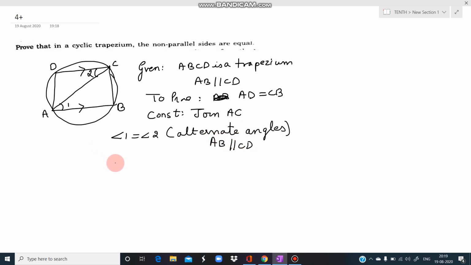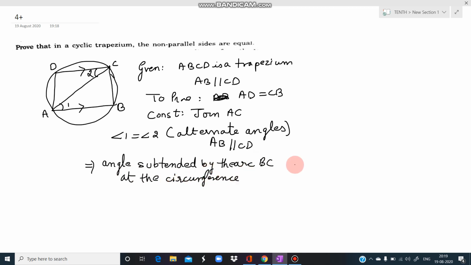So angle 1, angle 2 के equal है. Angle 1 क्या है actually? Angle 1 है angle subtended by the arc CB at the circumference. It is actually the angle subtended by the arc BC at the circumference.